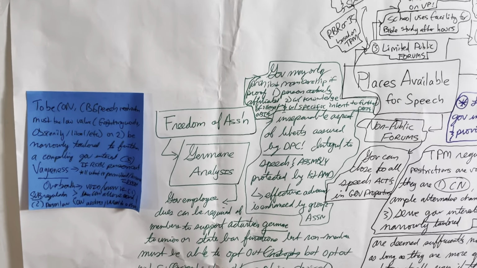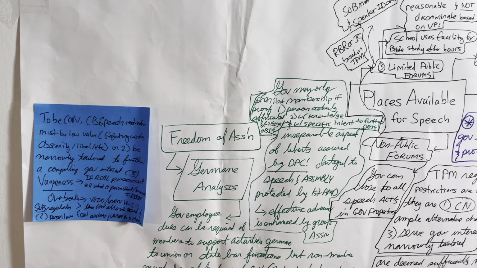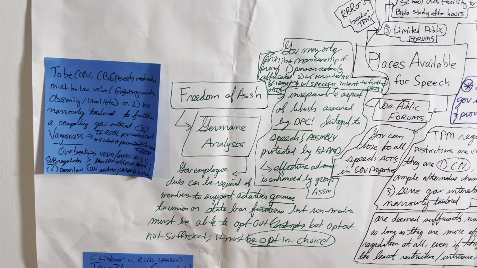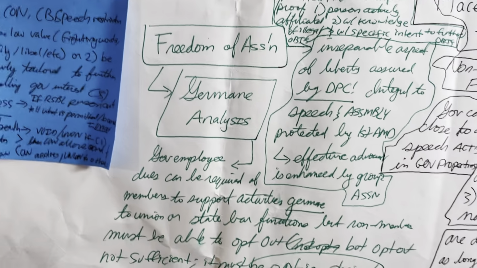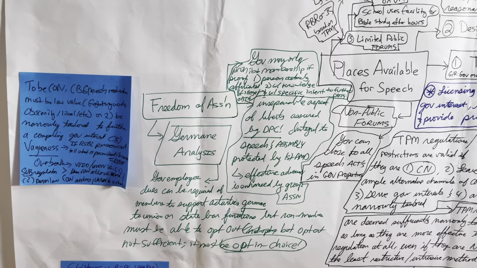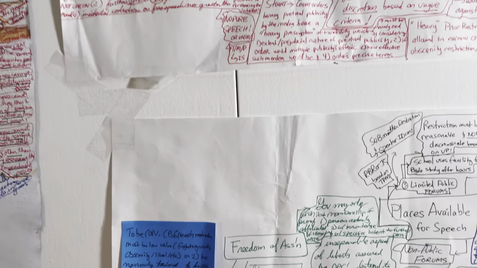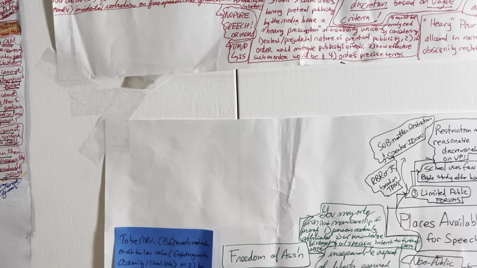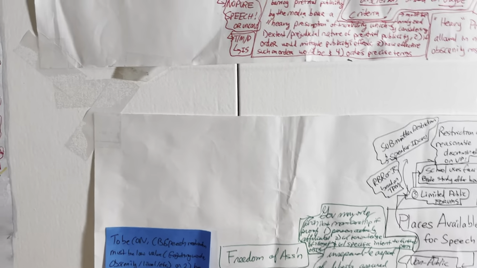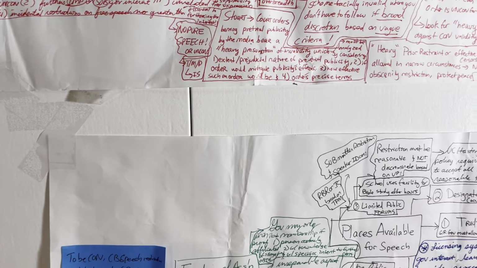Freedom of association, remember, is inseparable as an aspect of liberty assured by the Due Process Clause. It's integral to speech and assembly protected by the First Amendment. Effective advocacy is enhanced by group association. And so that's part of the freedom of association, where government can actually restrict membership in an illegal group if that person understands that it's illegal and joins that group to advance some sort of objective that may also be illegal.